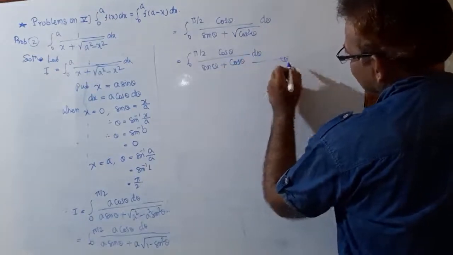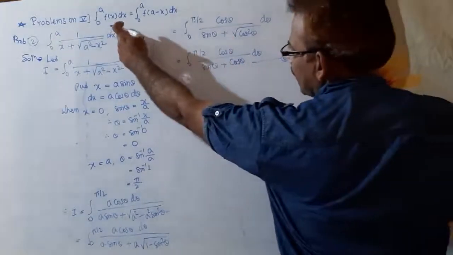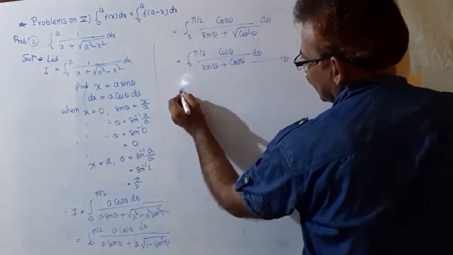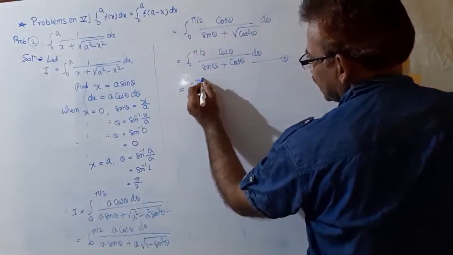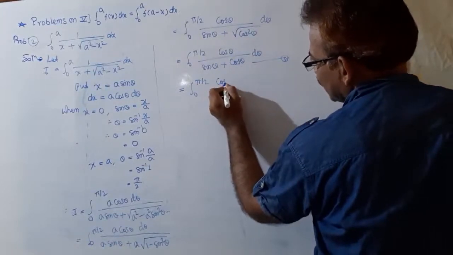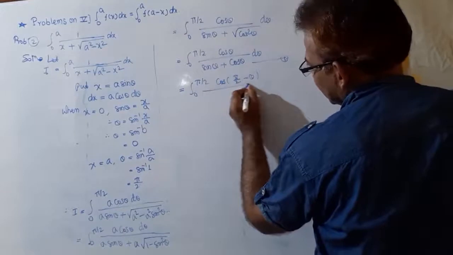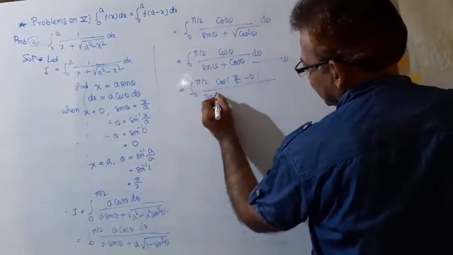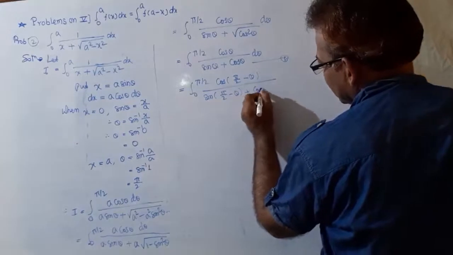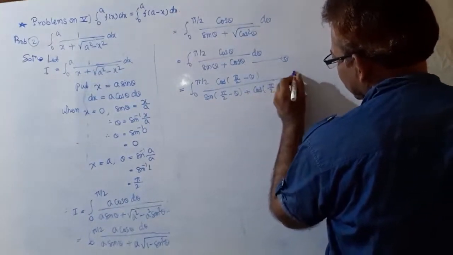Call this equation number 1. Then apply the fifth property: integral from 0 to a of f(x) dx equals integral from 0 to a of f(a minus x) dx. The limits are the same, and we replace theta by pi by 2 minus theta. So cos of (pi by 2 minus theta) divided by sin of (pi by 2 minus theta) plus cos of (pi by 2 minus theta) d theta.